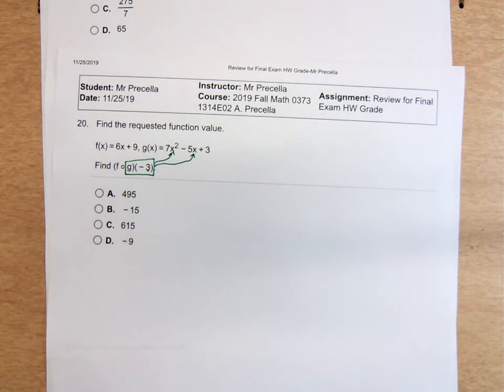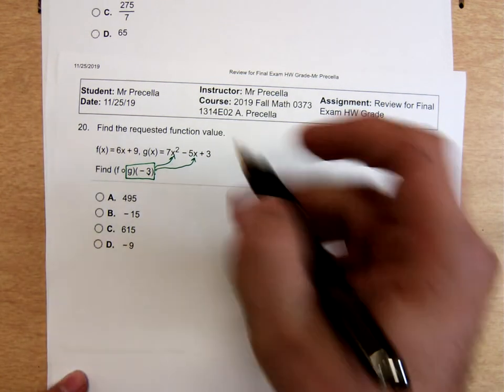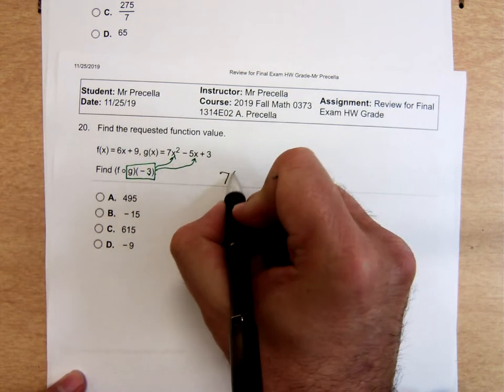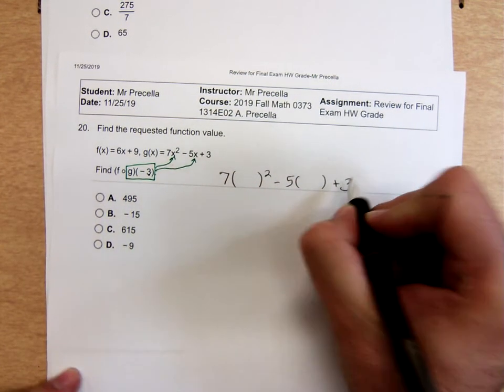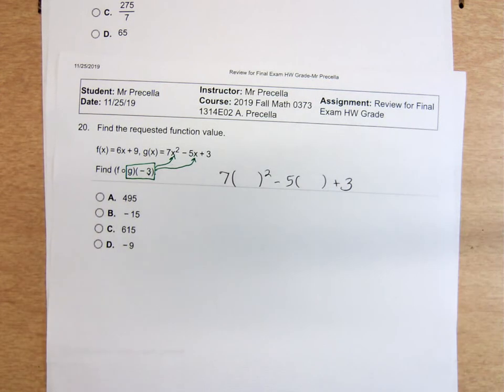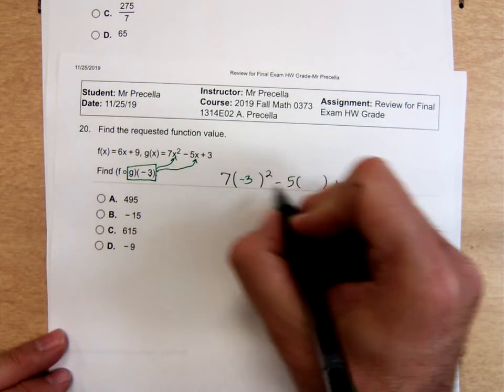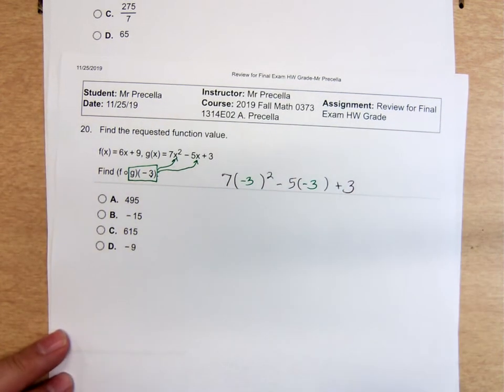So I'm plugging -3 in for x. I'm going to do it just by hand.